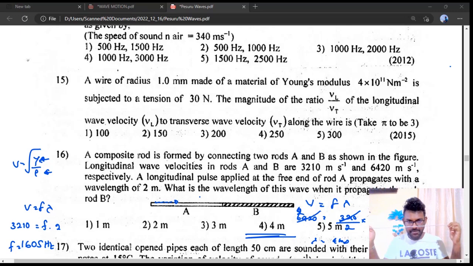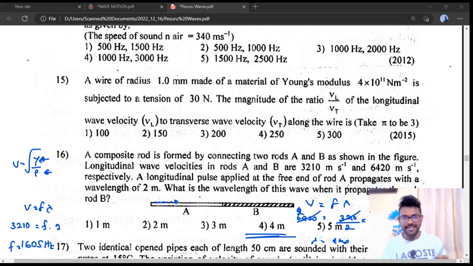So there might be a vibration going along the wire with compressions and rarefactions, and also we can create transverse waves as well. So here it's asking for the ratio between those two. So how can we get it?